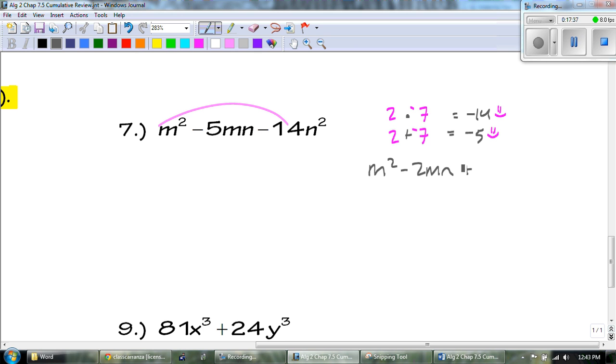Oh, it's not plus 7m, it's supposed to be plus 2n. Negative 7mn minus 14n squared. Okay, so you guys are all on your own. Pause the video and good luck.